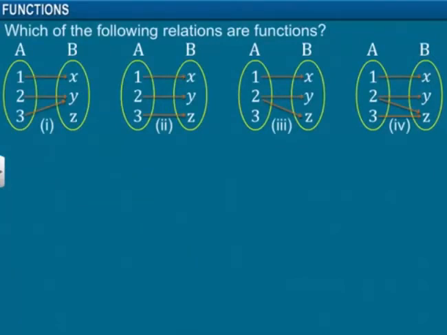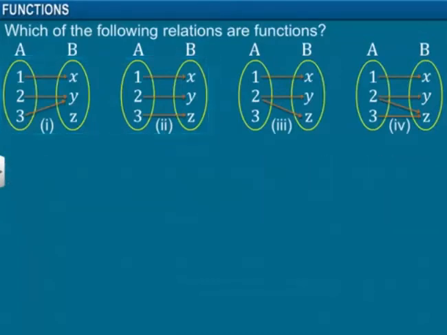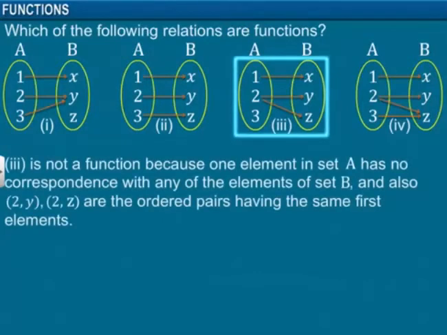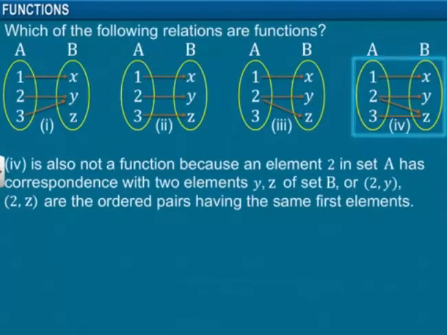In these examples, 1 and 2 are functions because every element in set A has a unique correspondence in set B. However, 3 is not a function because one element in set A has no correspondence with any of the elements of set B. And also, (2, y) and (2, z) are the ordered pairs having the same first elements. 4 is also not a function because an element 2 in set A has correspondence with two elements y and z of set B. Again, (2, y) and (2, z) are the ordered pairs having the same first elements.